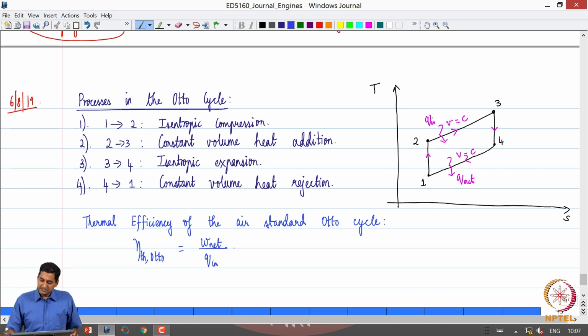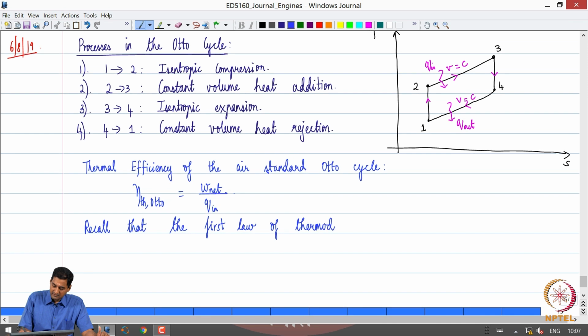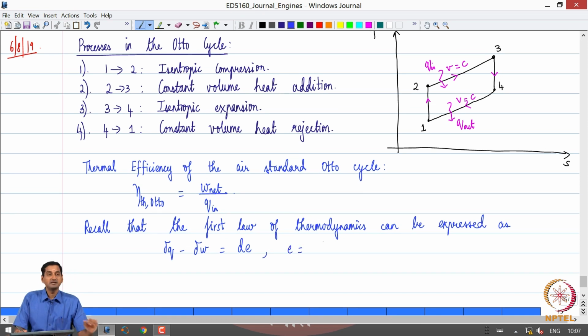So how do we get expressions for these? Recall that the first law of thermodynamics can be expressed in differential form as delta Q minus delta W equals dE, where the net energy E is the sum of the internal energy plus the kinetic energy plus the potential energy.